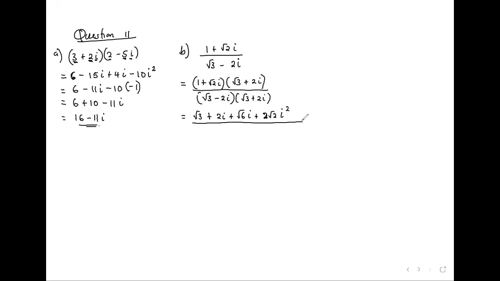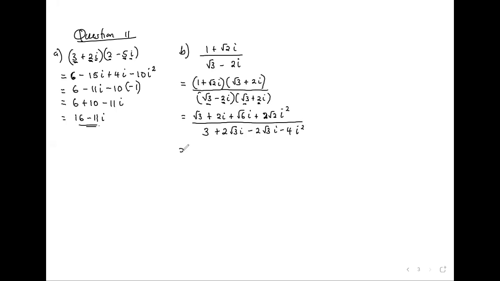Over root 3 times root 3, we get 3. Root 3 times 2i, we get 2 root 3 i. 2 times root 3, we get minus 2 root 3 i. And then 2 times 2, we'll have negative 4 there because the other 2 is negative. Then i times i, we get i squared.